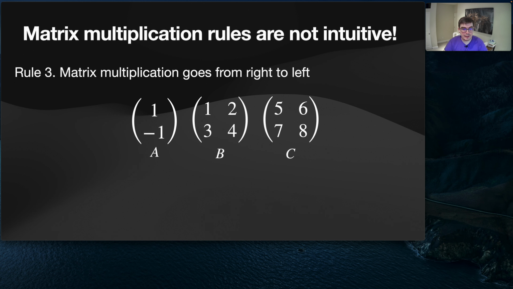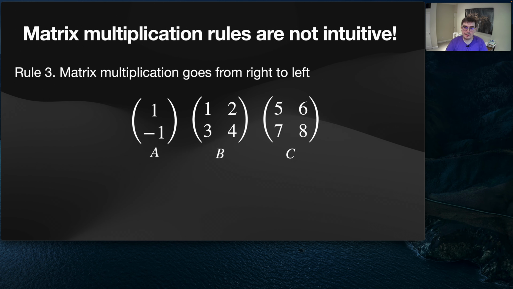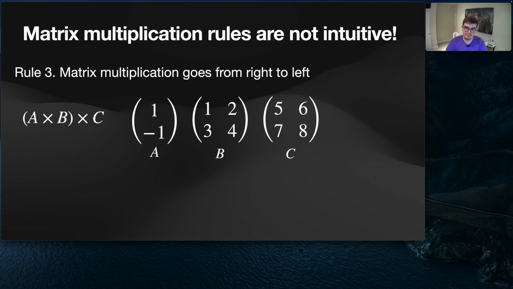Let's say we have these 3 different matrices, A, B, and C. And for example, let's say the A matrix contains our x and y coordinates for a point, and matrices B and C describe some transformations that we want to make to this point. So let's say we want to first transform our point by matrix B, and then we want to transform the result of that by matrix C.